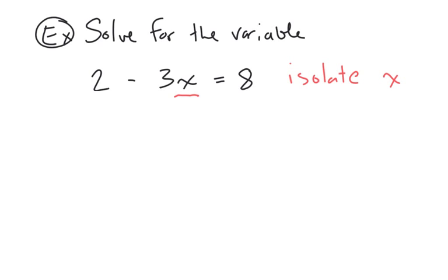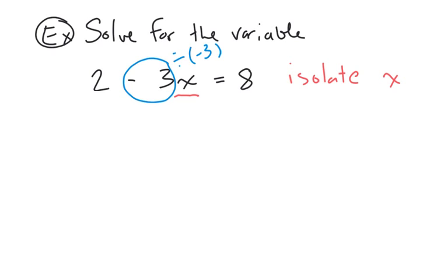To get rid of these numbers, we have to do the opposite operation. Over here, we have negative 3 multiplied by x. The opposite of multiply by negative 3 is divide by negative 3. And you'll notice I'm putting the negative 3 in brackets because I don't want the negative sign and division sign right beside each other because it can look a little bit confusing.